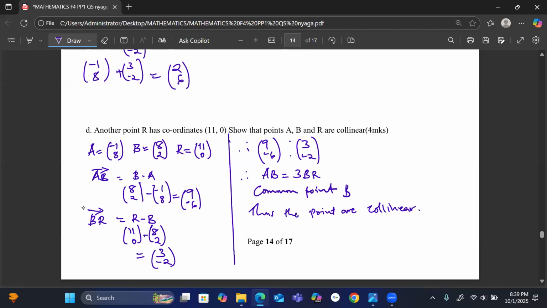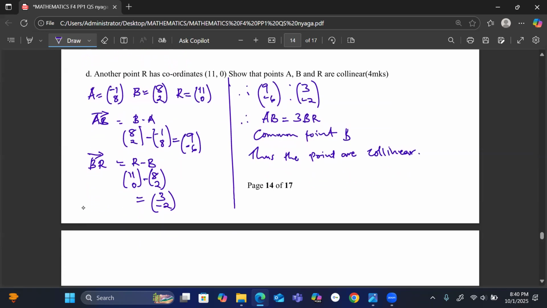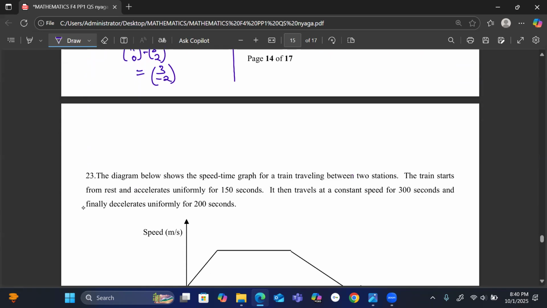So that is how we handle that question on collinearity on vectors. Then we move to question number 23.